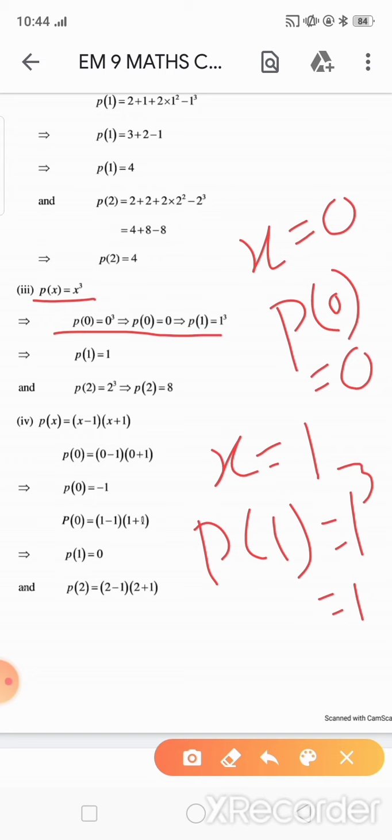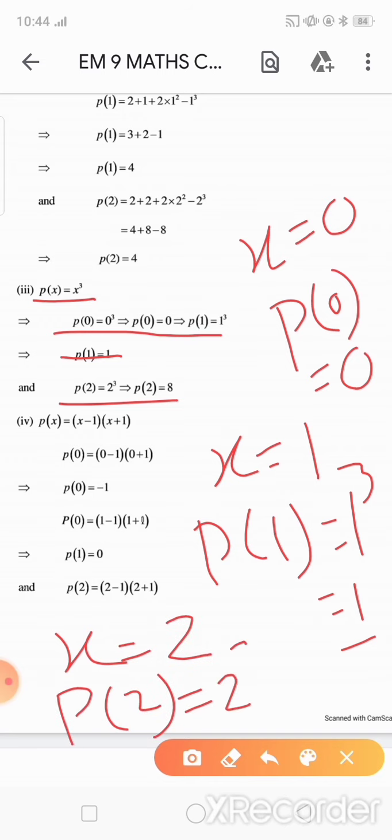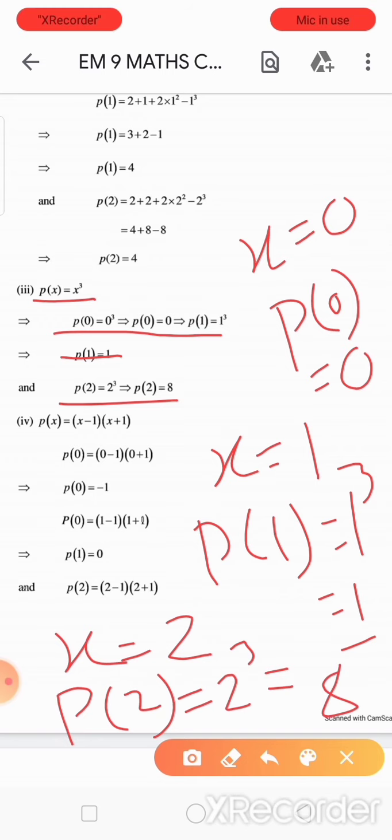It simplifies and we get answer is 1. And for the next value of x is equal to 2, substituting in polynomial, we get p of 2 is equal to 2 cube, and 2 cube means 2 2s are 4, 4 2s are 8. So the value of p of 2 for the polynomial x cube is 8.